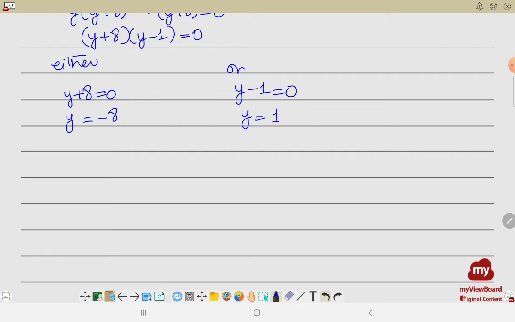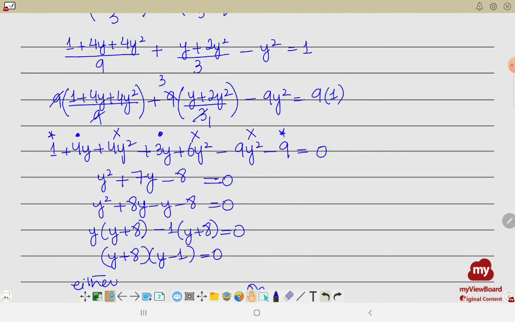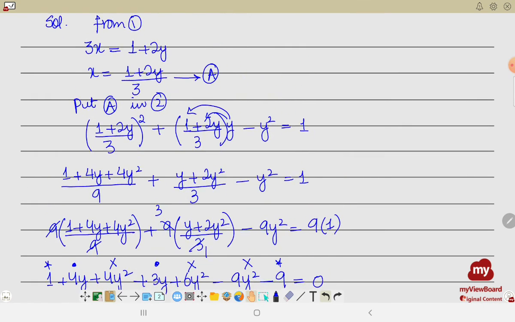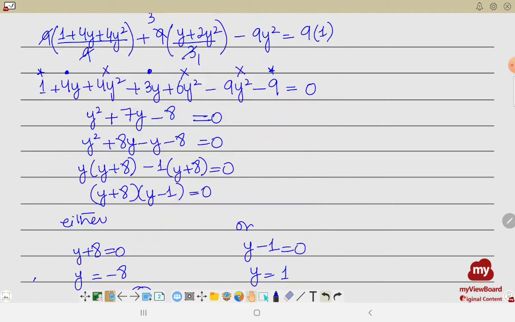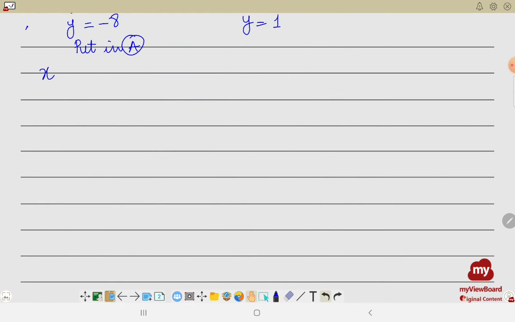Now what we are going to do, for these two values of y, we are going to find out the value of x. So one by one, we'll put this y in A. So what was A? It was the refined form of this equation number 1. This was the value of A, right? Let's write it here so that we can solve it.